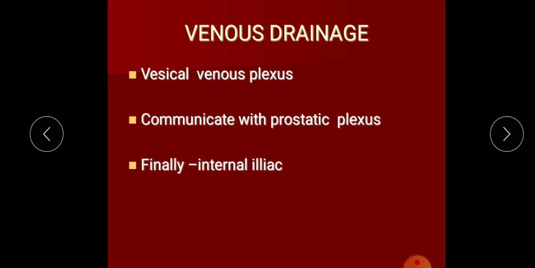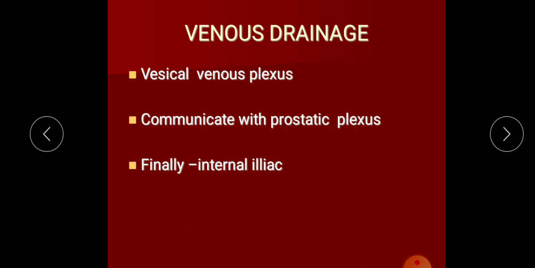Now we come to the venous drainage of the bladder. The main venous drainage is to the vesical venous plexus, which is present very close to the inferolateral surface.